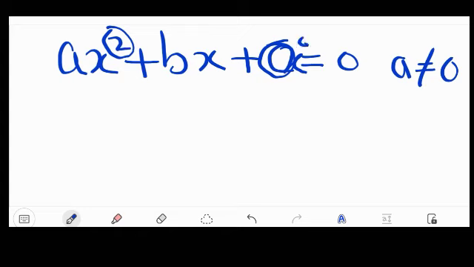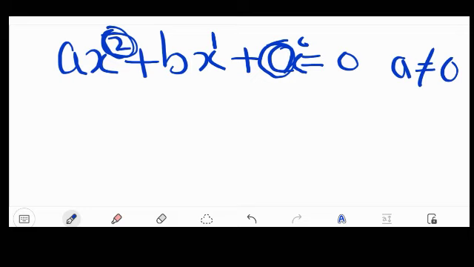Because of this reason, we don't bother to write this x power 0, because we already know that x power 0 is 1. Similarly, here the power of the variable is 0, whereas with the second term bx, the power of the variable is 1, and with the first term ax square, the power of the variable is 2.